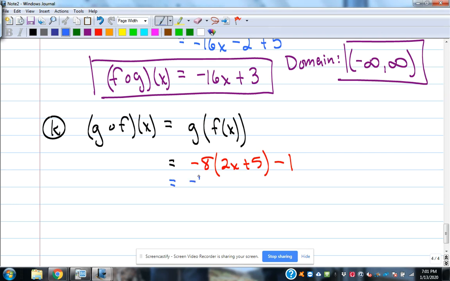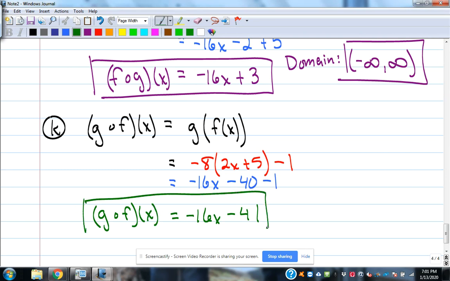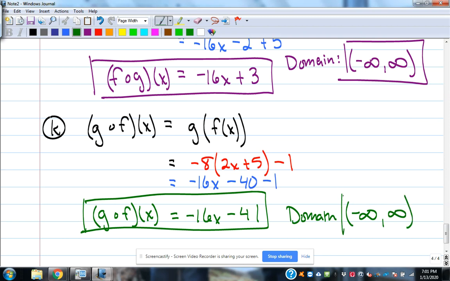Again, distribute. Negative 16x minus 40 minus 1. Negative 16x minus 41 is that composite function. Again, no restrictions, no red flags happening there. So negative infinity, positive infinity for the domain. Easy stuff when it's easy functions.